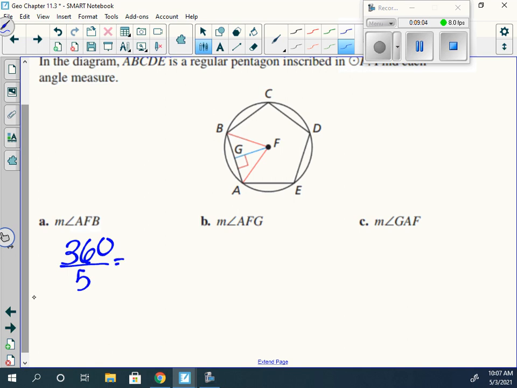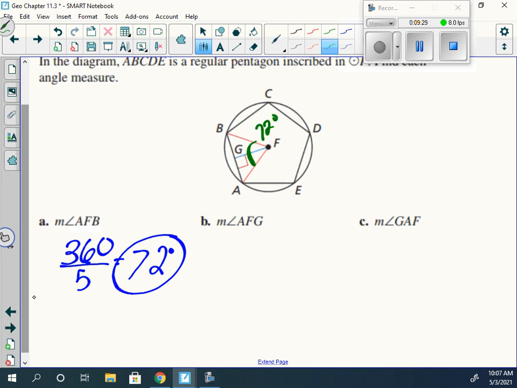What's going to be 360 divided by 5? 70? 72? So each one of these interior angles is 72 degrees.